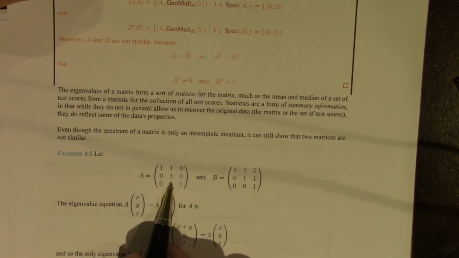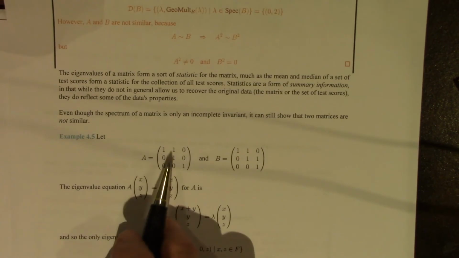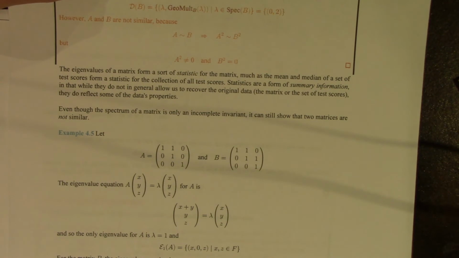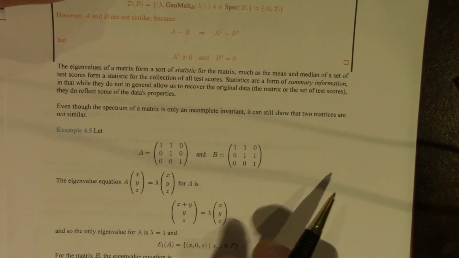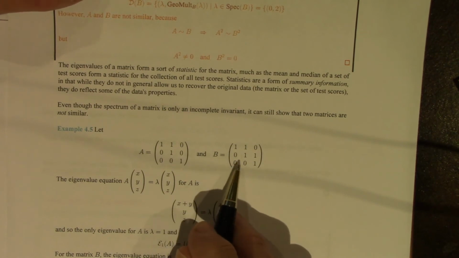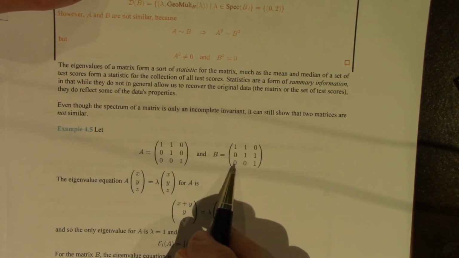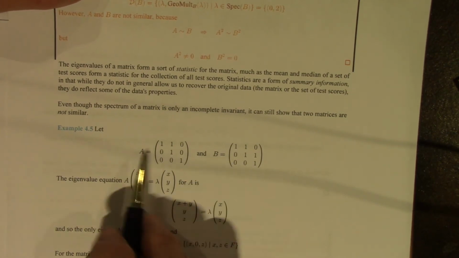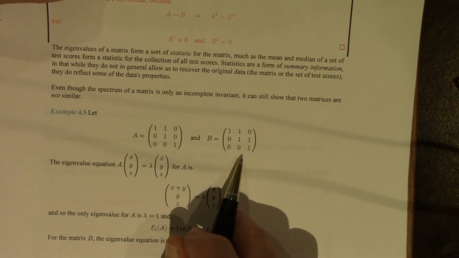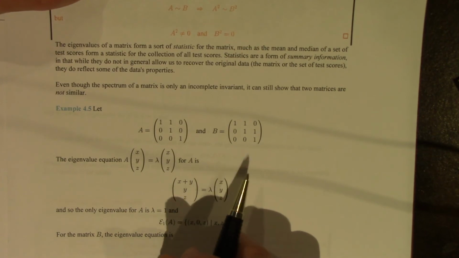So here is an example. Here are two matrices. If you wanted to determine directly whether these matrices were similar or not, you'd have to figure out whether there was an invertible 3 by 3 matrix P for which B equals P inverse AP. An unpleasant task at best.